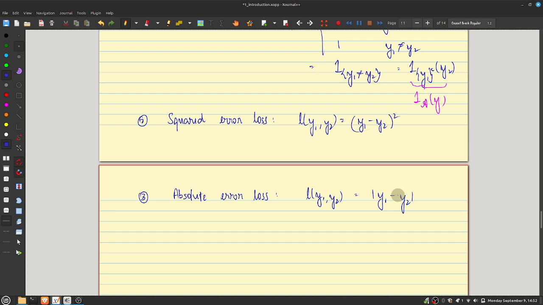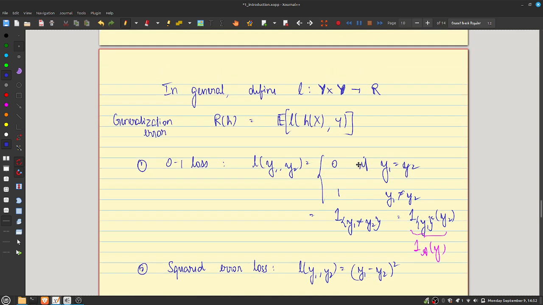Of course, in these two cases, I'm assuming that y1 and y2 are real numbers. But more generally, if you have an arbitrary label set, then you can define your own notion of similarity. And the generalization error is always the expected value of this dissimilarity, so to speak.